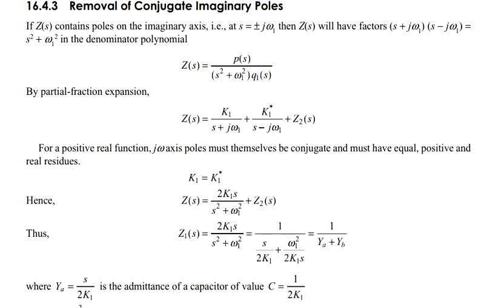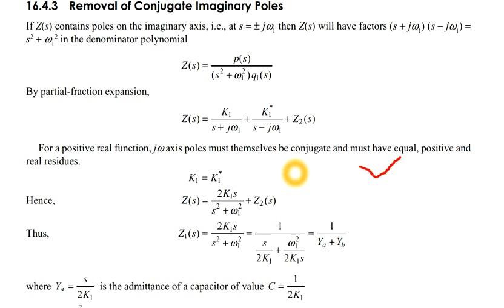For a positive real function, j omega axis poles must themselves be conjugate and must have equal positive and real residues. This we have seen as a property of positive real functions. From that you can say that k1 star is nothing but k1.